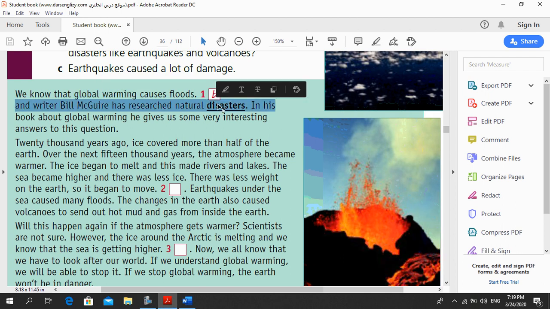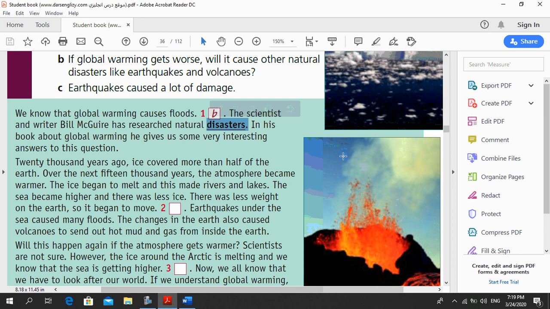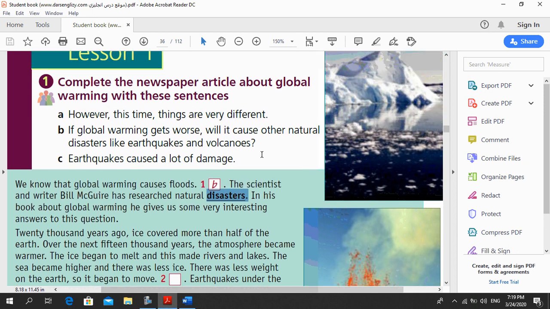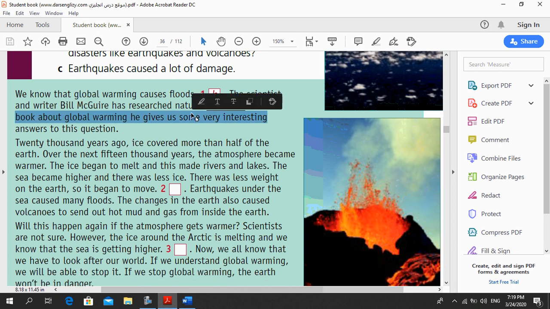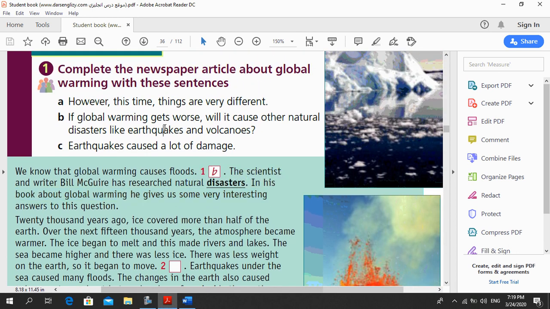It's a disaster. What does it mean, disaster? Disaster means a very bad thing that happens. It's like a volcano, or like the global warming, or like a typhoon or a storm. It's a natural disaster. Like an earthquake.